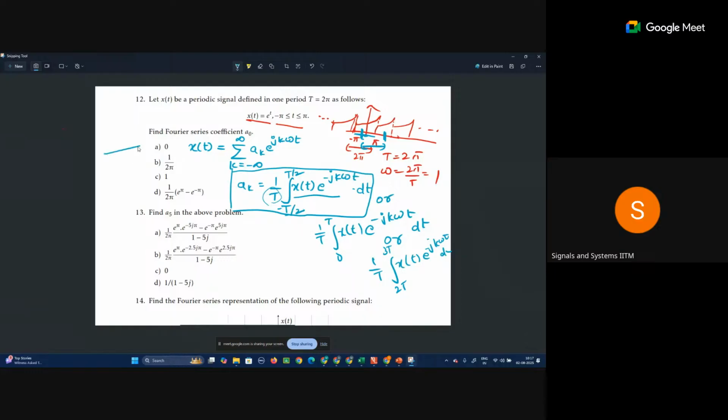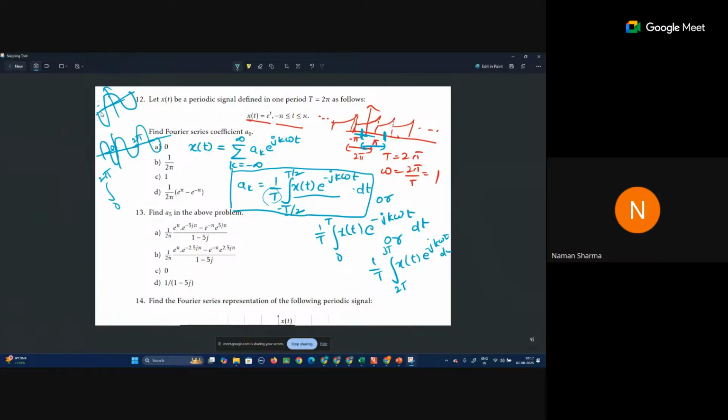Okay, I'll tell one example. For a sine signal, a sine signal will be like this, right? It will be 0 to 2 pi, I mean one cycle will be completing. So here we'll be considering 0 to 2 pi. Coming to the cosine signal, it will be the same.